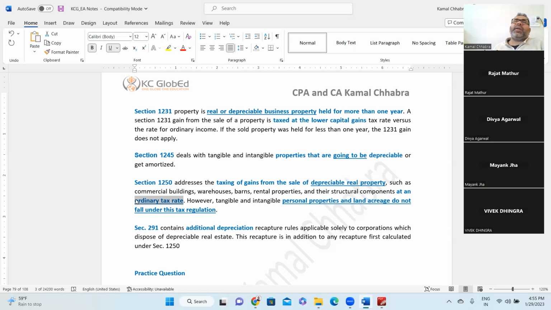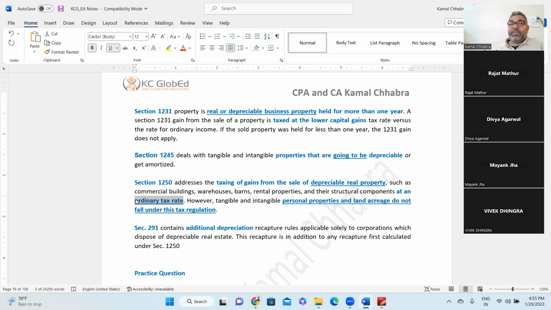For example, let's assume Mayank and Vivek have planned to set up a new plant in Arizona state and want to make an investment of, let's say, $200,000. So the government says on $200,000 you'll get the depreciation, but will give you additional 50% depreciation that you can claim to reduce your tax liability for the state taxes.